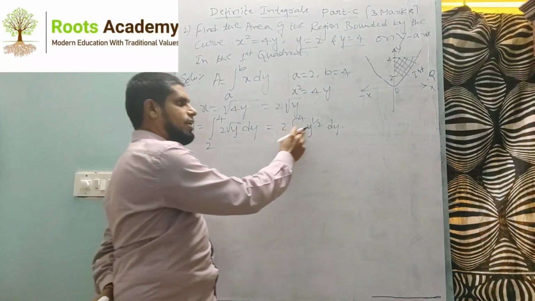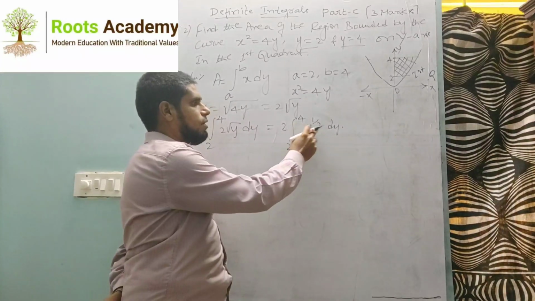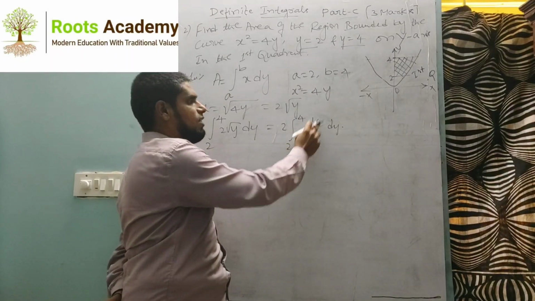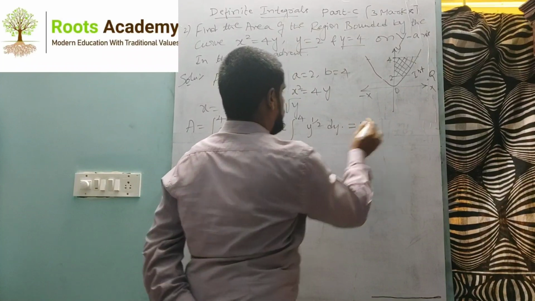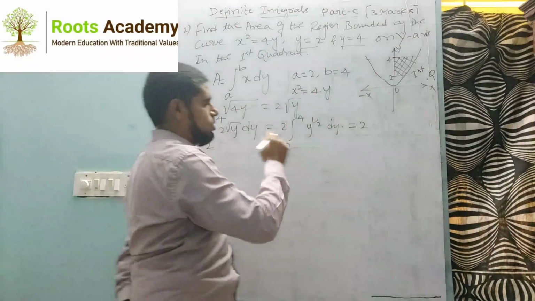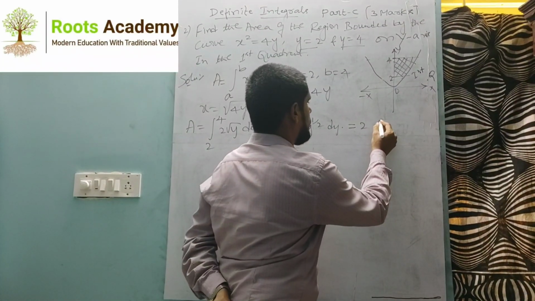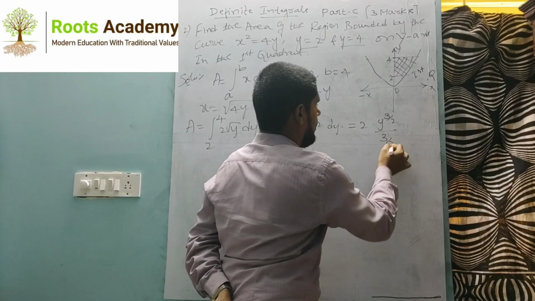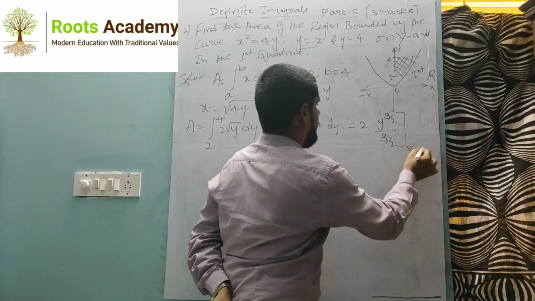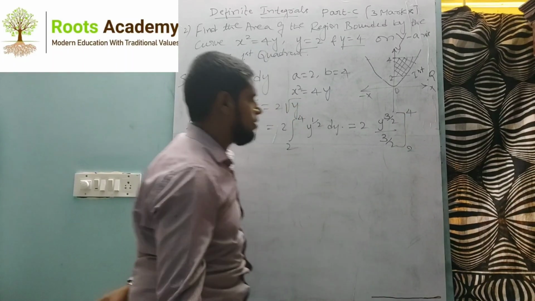Now, student, just now we discussed the integral of any variable with power half. So that can be written as 2 as it is, and as in the last problem, y power 3 by 2 divided by 3 by 2, lower limit is 2, upper limit is 4.